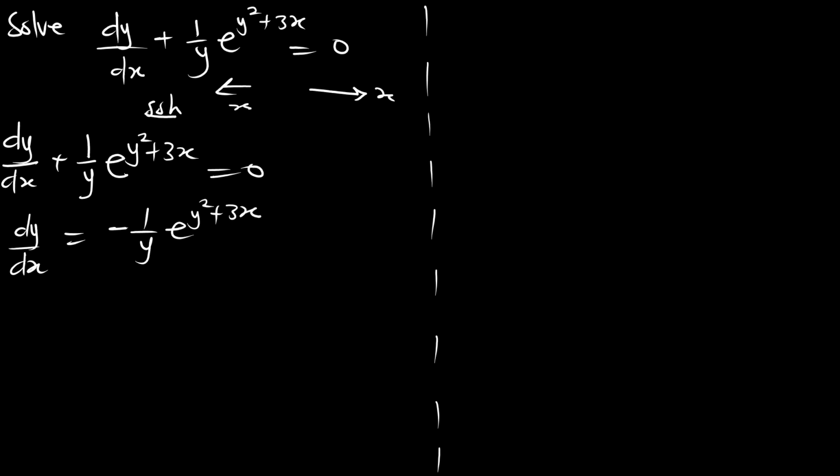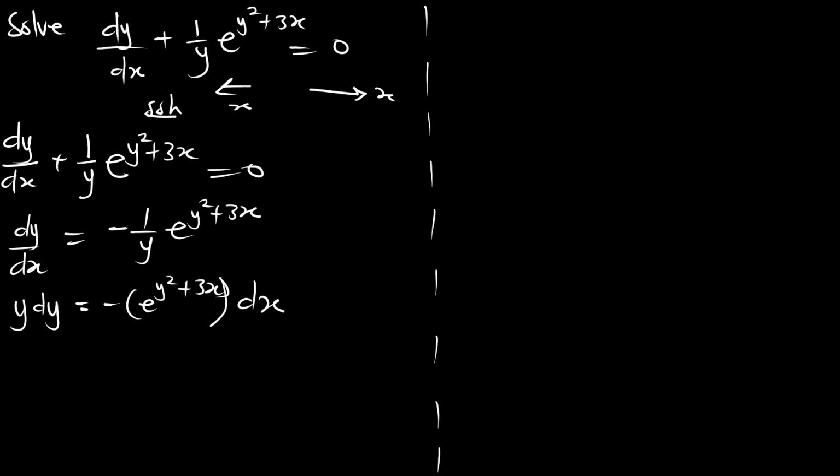Now I'll bring my dy here. Dy is equal to, what do I have? I'm left with these terms, negative e^(y²) plus 3x, then dx is going to be here.